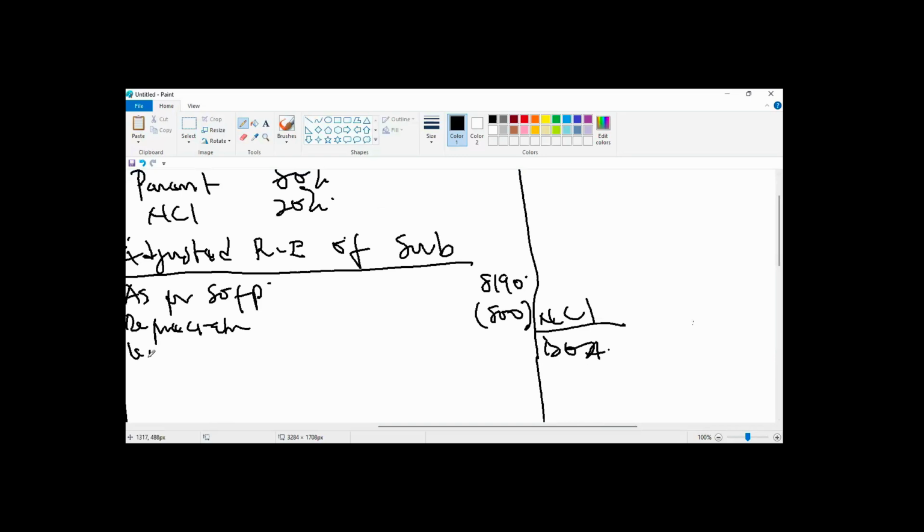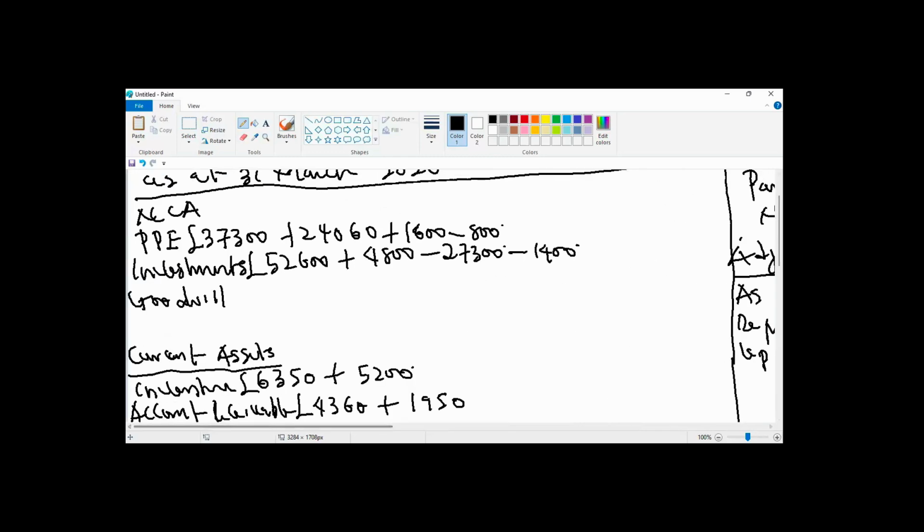Unrealized profit on inventory. Why do you sell to your parent and make profits of 175? I will now go to the consolidated inventory, minus 175. Don't forget, irrespective of the seller, consolidated inventory must be credited.